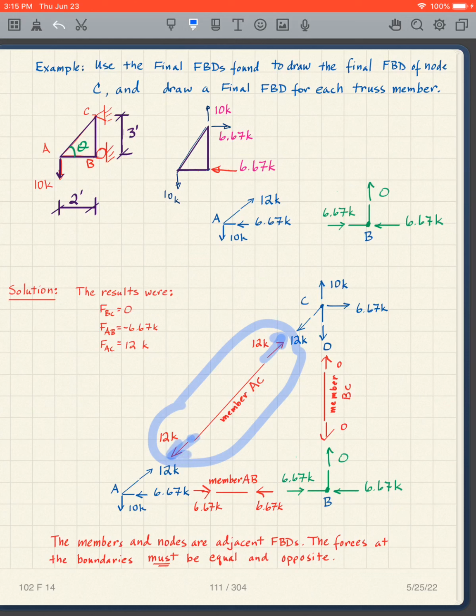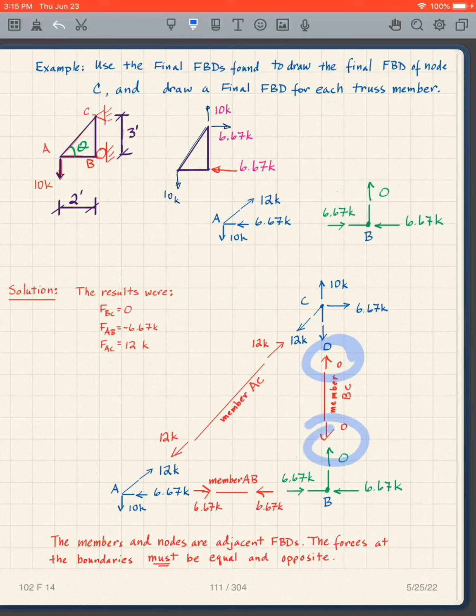Here, these forces are zero, so that means the member has zero force. Zero is zero, put it that way.